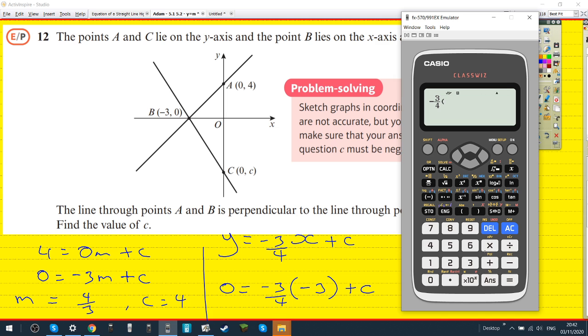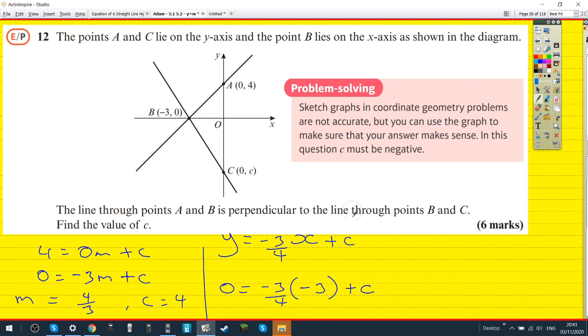Which gives you 9 over 4. So 0 equals 9 over 4 plus c. We want c. So then you just minus 9 over 4 on both sides, which gives you minus 9 over 4.